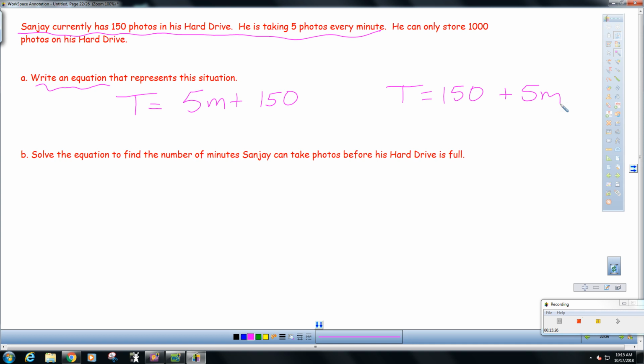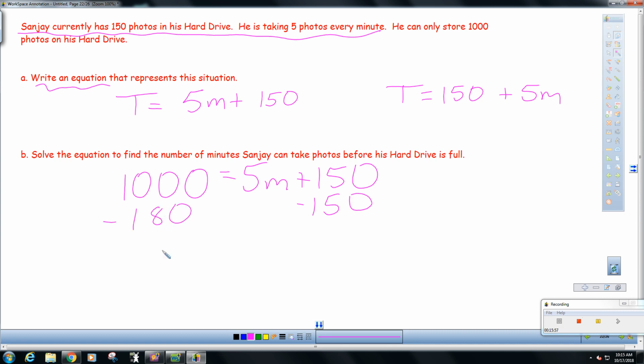All right. Problem B. Solve the equation to find the number of minutes Sanjay can take photos before his hard drive is full. Let's plug in that T as 1,000. If the total is 1,000, first step, subtract 150, and you get 850 is 5M.